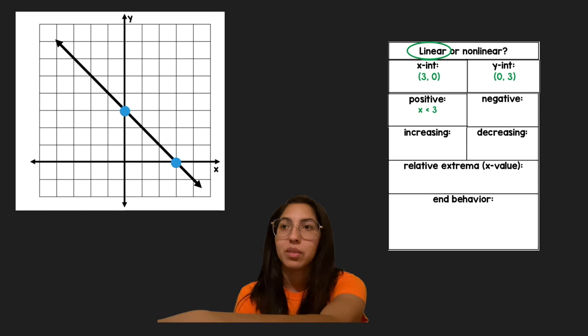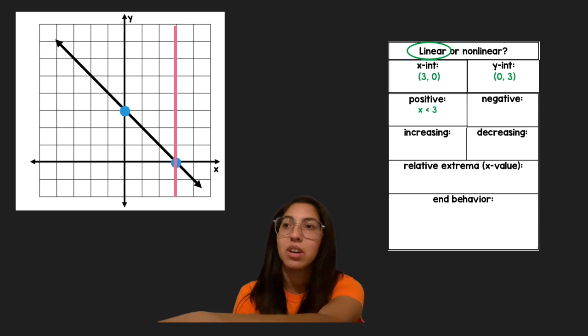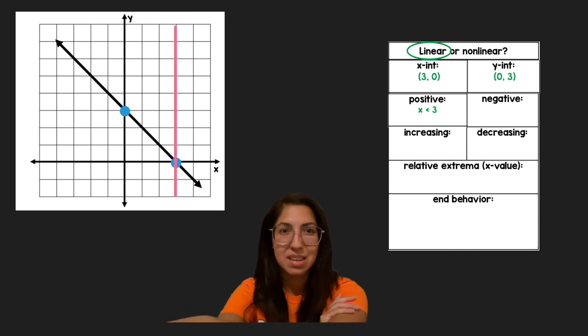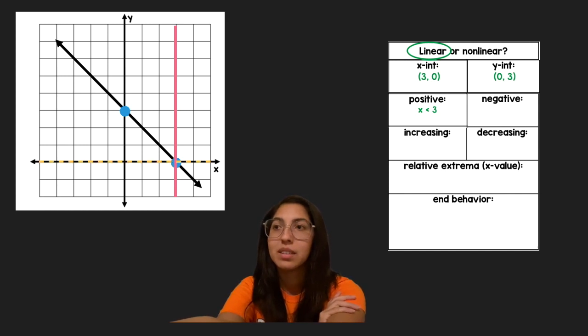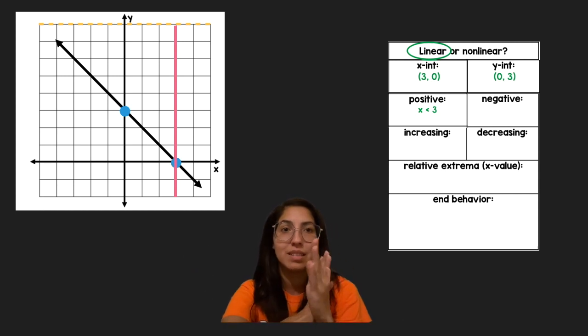So it is positive when x is less than 3. So let's go ahead and draw a line on here. We're drawing a line through our x-intercept. That way we can see what this graph is actually doing. Then we're going to start at the x-axis and scan up. So all those points are positive. Everything from x is less than 3.